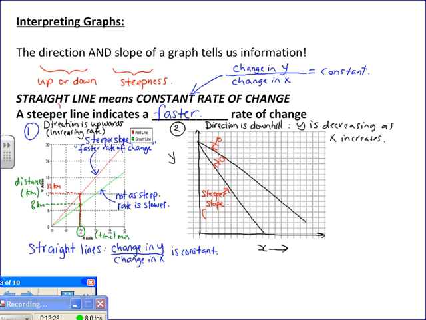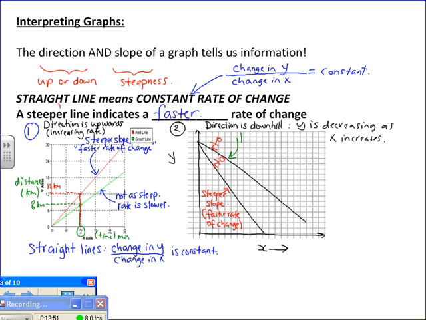That means that this is a faster rate of change. In other words, y is changing faster with every unit of x on the bottom line. On the upper top line, this looks like a more gradual hill.